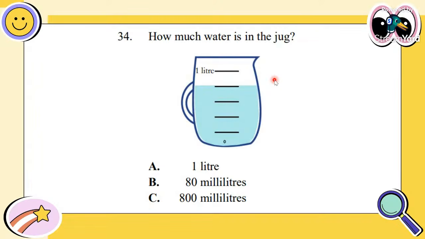How much water is in the jug? Let's look here. 0 milliliters starts at the bottom and it goes all the way up to 1 liter. So you'll see the different marks that help you to check the measurement. All right. I see Tracy saying 800 ml. Alicia.